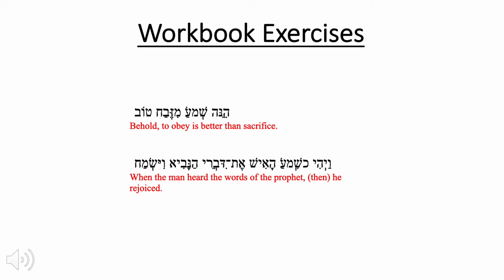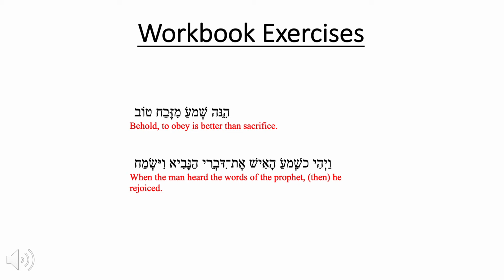This is to hear, the infinitive, but it is acting as a noun. So as this particular thing, in the midst of the hearing, in the midst of this act of hearing, or when he heard, ha'ish, the man heard, et divrei hanavi, the words of the prophet, vayismach, he rejoiced.